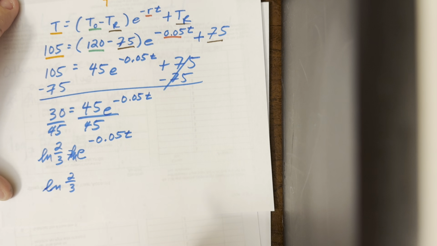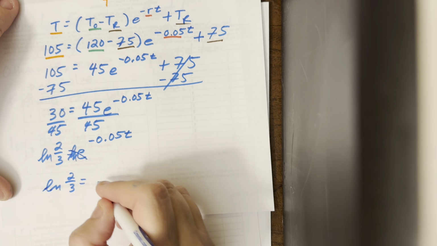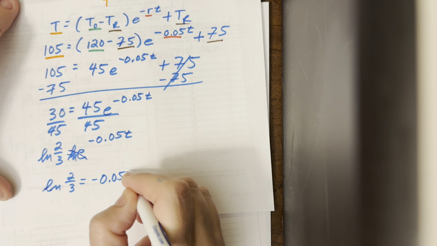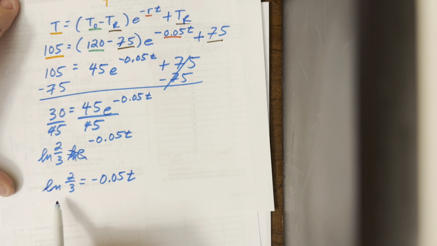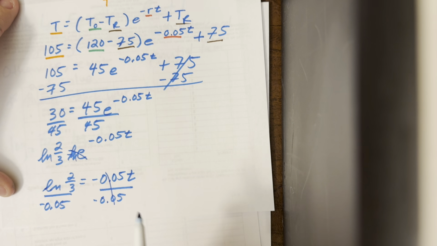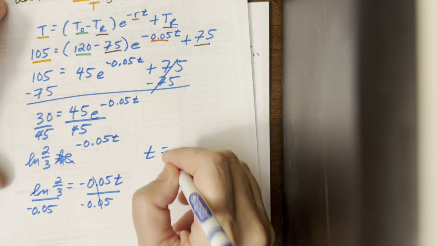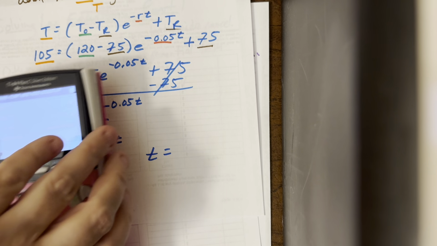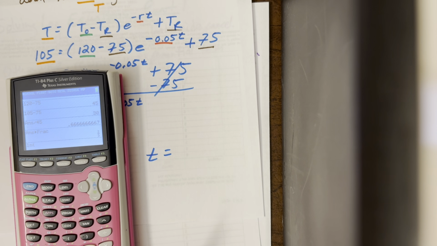ln of 2/3 is equal to negative 0.05 T. Finally, we're going to divide both sides by that negative 0.05. And let's see what we get. I've got ln of 2/3, and I'm dividing that by negative 0.05.